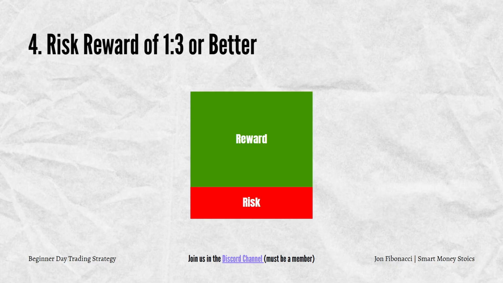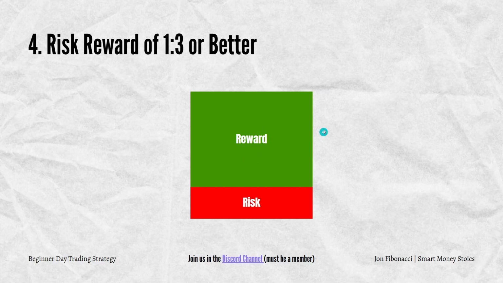Next, we're going to look for a risk reward of 1 to 3 or better. So put simply, we want to have small risk and relatively large reward. So in this particular example, we are essentially risking 1, let's say, for a reward of 3.